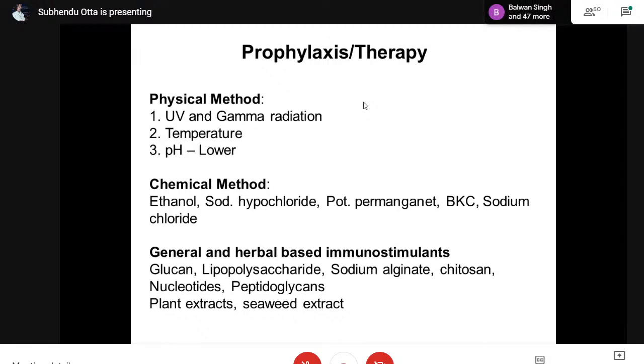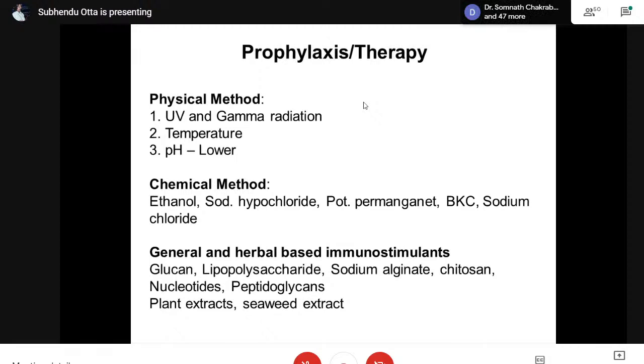Temperature also is an important factor for the multiplication of the virus. By maintaining the temperature, you can maintain good conditions and not allow the virus to multiply, so the chance of getting disease will be less.